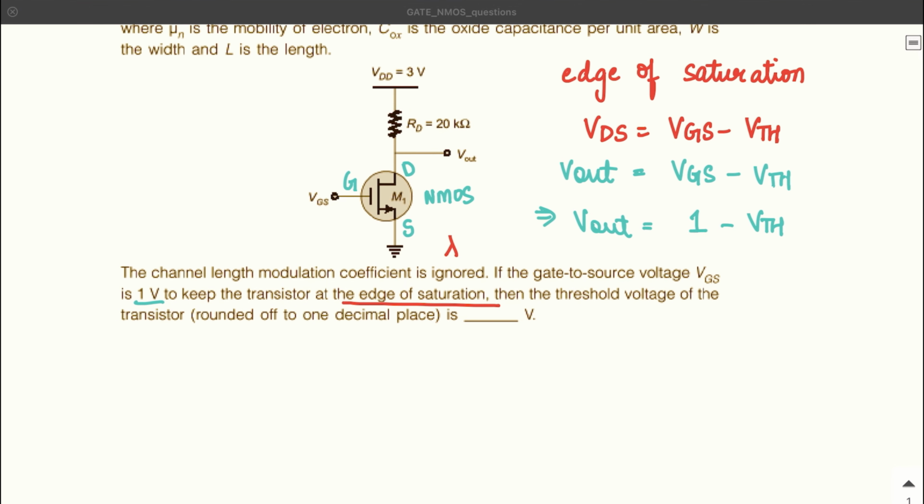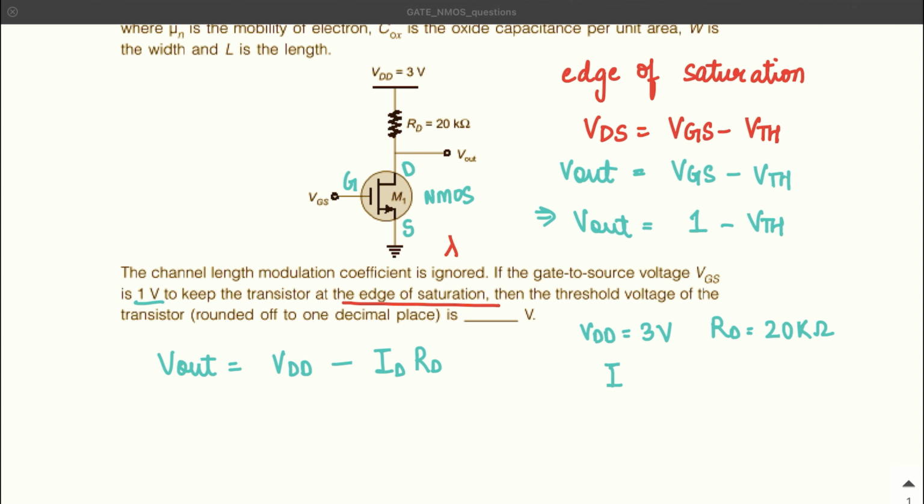Also, in the figure, you can see that the value of Vout will be VDD minus the drain current times the resistance RD.